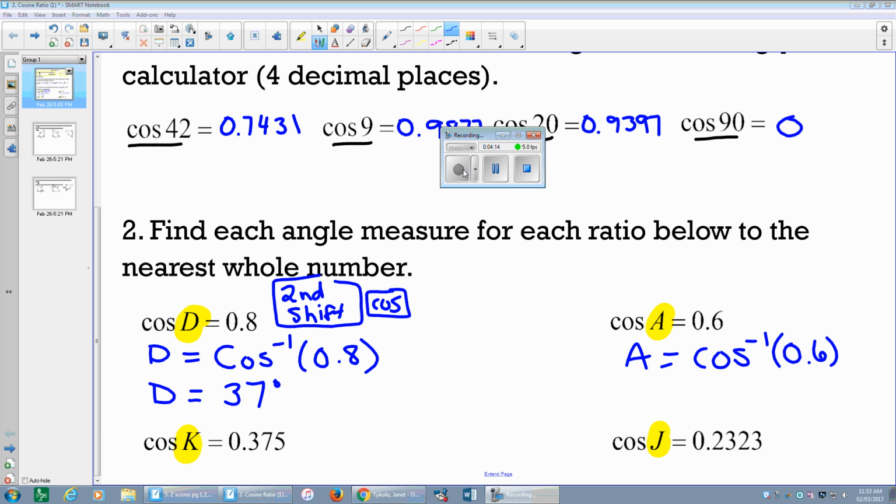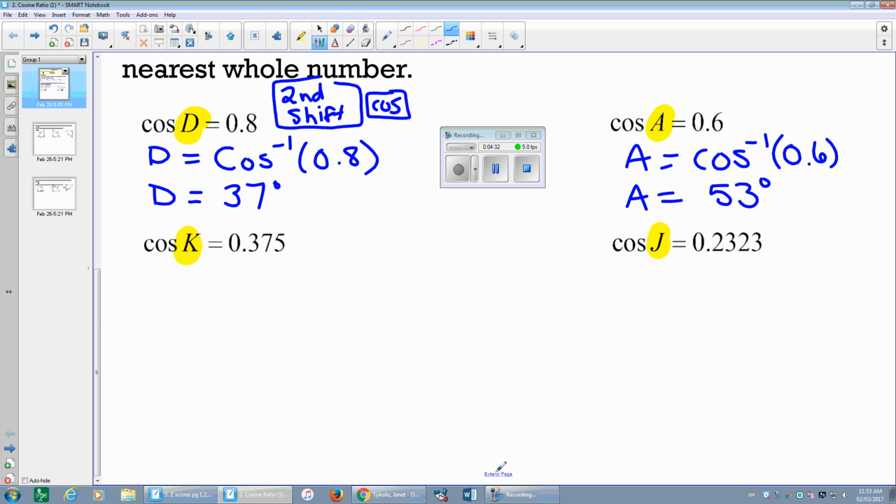When you type that into your calculator, the cos inverse of 0.6 gives us where A is equal to 53 degrees. If you weren't there yesterday and you need help, please ask the person beside you. I'm going to give you a minute. I want you to figure out what angle K is and angle J is.